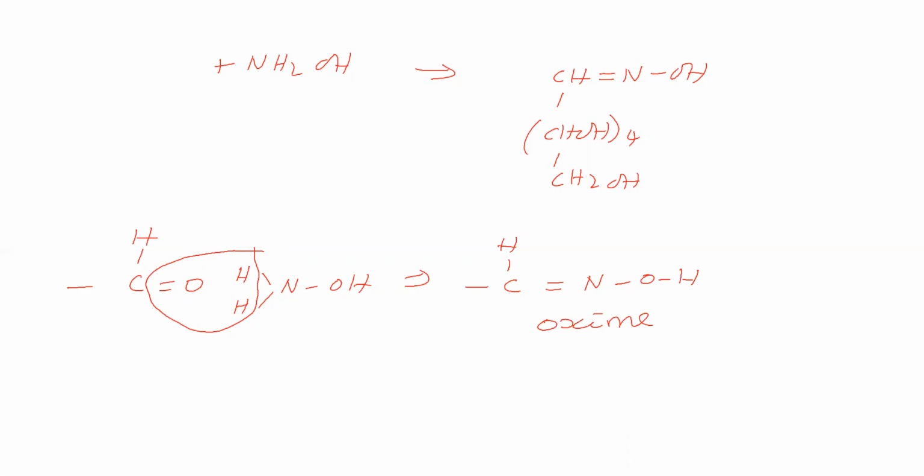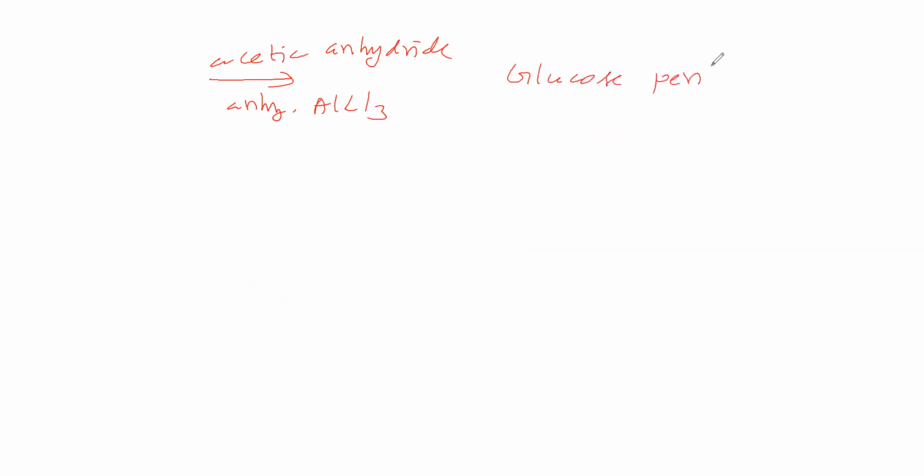Next reaction we'll see. Glucose is treated with acetic anhydride in the presence of anhydrous zinc chloride. Glucose is treated with acetic anhydride in the presence of anhydrous AlCl3. So what we get is glucose pentaacetate.